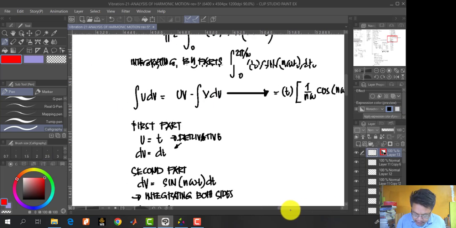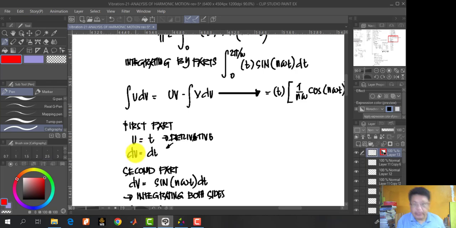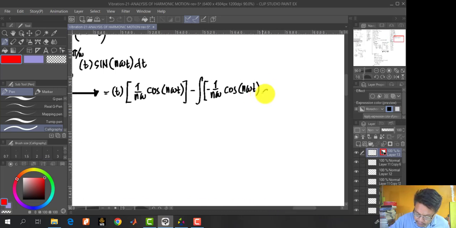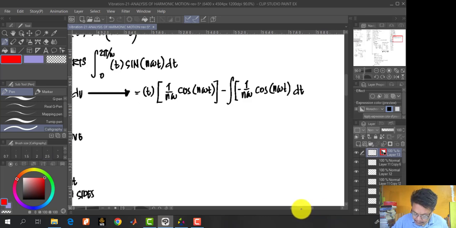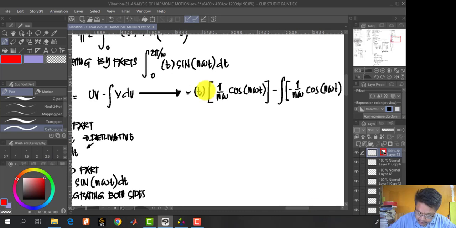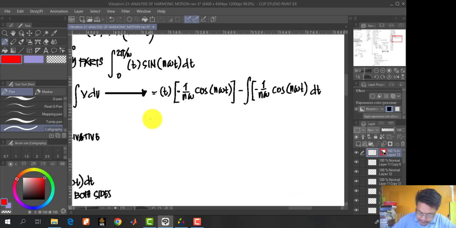Then for the value of du, remembering that we have here the derivative of u, which when we take the derivative of both sides is equal to dt. So we substitute that here, we have your dt. Sorry, I forgot the negative sign here, which is important, isn't it? So we take it out, and that will be negative. I'm more comfortable with the positive coming first, so this one will be positive.